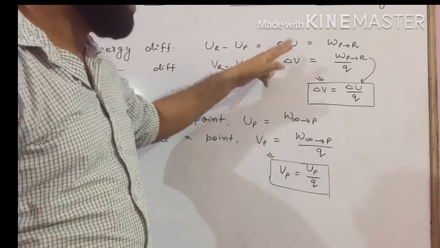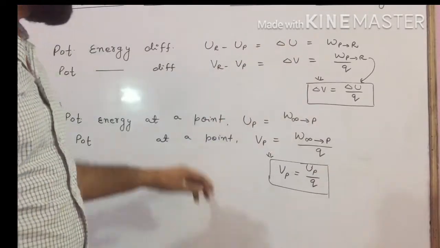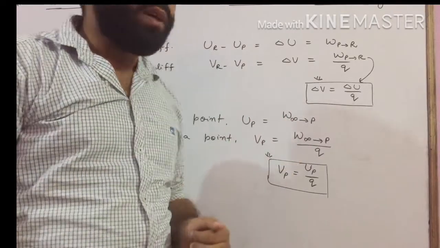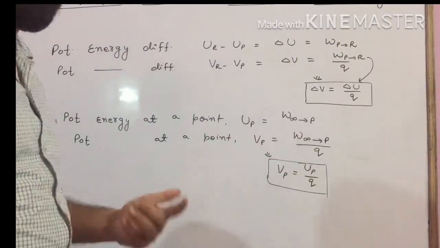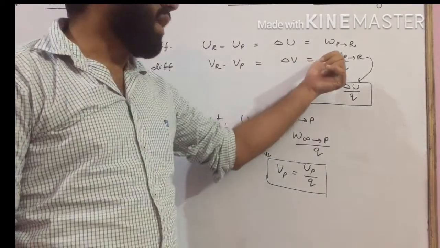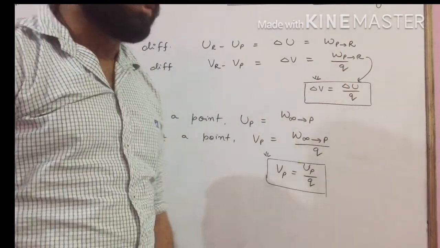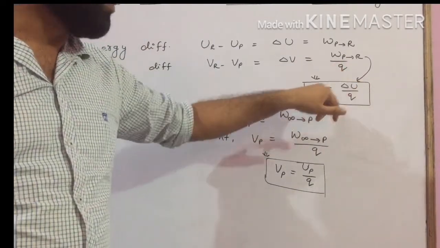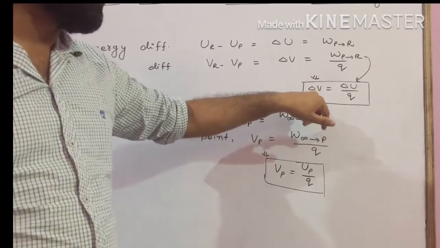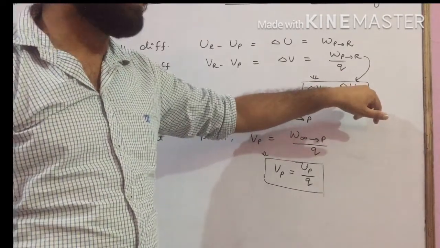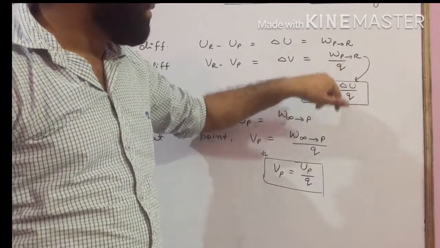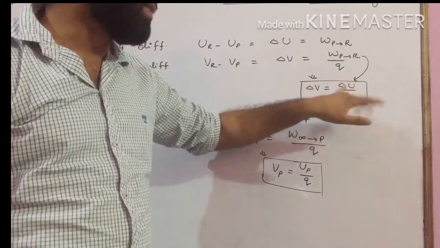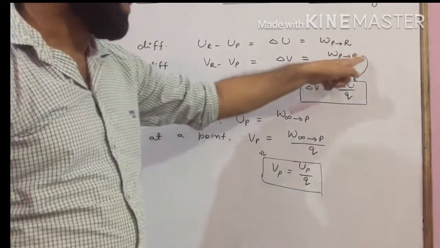That is the basic difference between these two quantities. When we talk about potential energy, we consider the whole charge which is being moved, while when we consider the potential or potential difference, we have to calculate work done per unit charge. That is why we have to divide the work done by the charge. So we get a relation between potential difference and potential energy difference: the potential difference will be equal to the potential energy difference divided by charge.